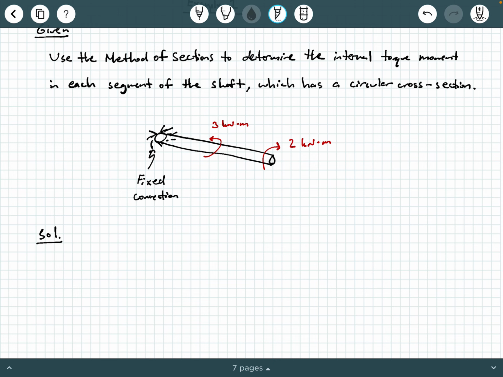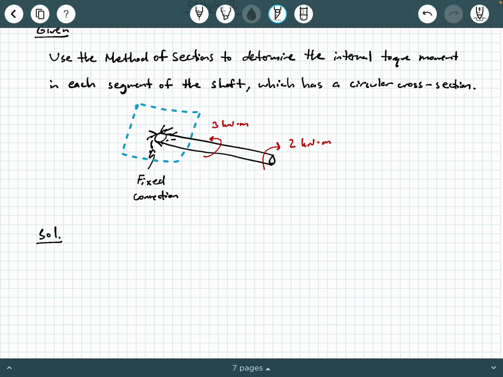If you remember from method of sections, there are two ways of handling the process: you start at one end of the system and successively move towards the other end. So could we start at the left end of the shaft, make a cut section through this segment and look at a left free body diagram?